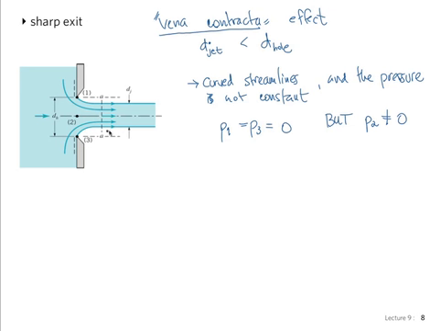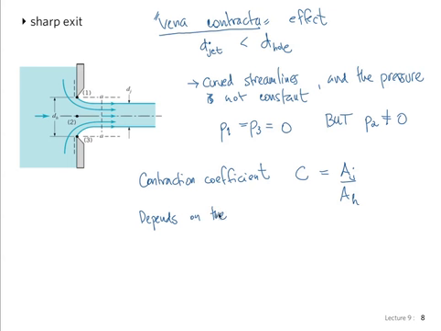And there's always a contraction coefficient, which, say, called C, is equal to A_J, the area of the jet, divided by the area of the opening. This depends on the geometry of the opening.